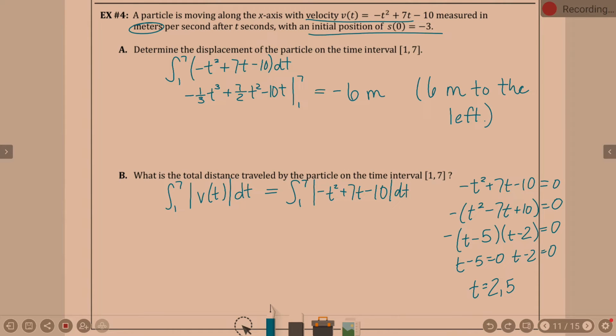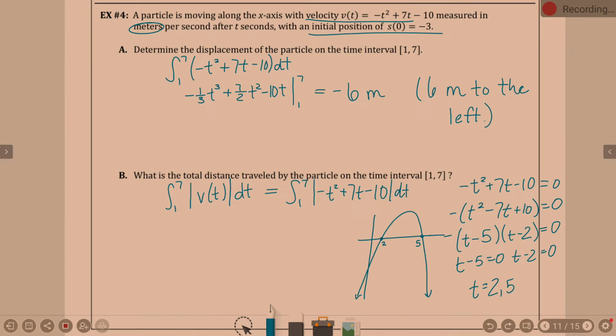Now, visualize, what's this graph looking like then? My parabola is a negative, so it's an upside down parabola. I don't know how accurate that is, but what am I trying to show? It crosses the x-axis at 2 and at 5, correct?